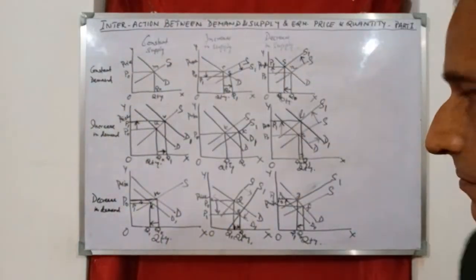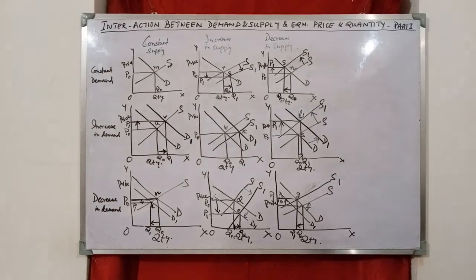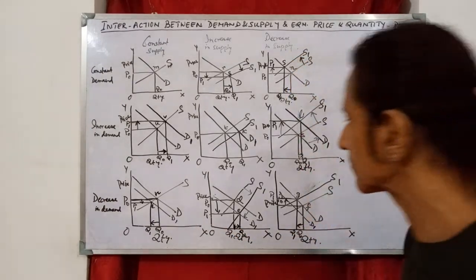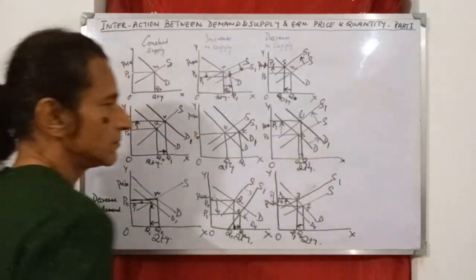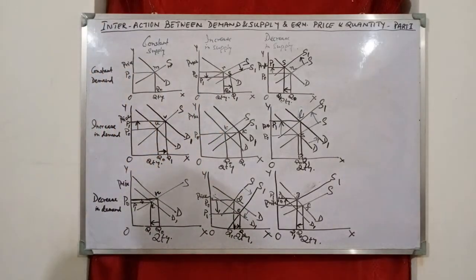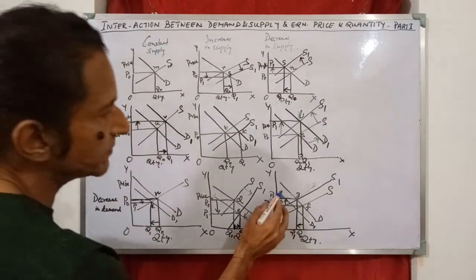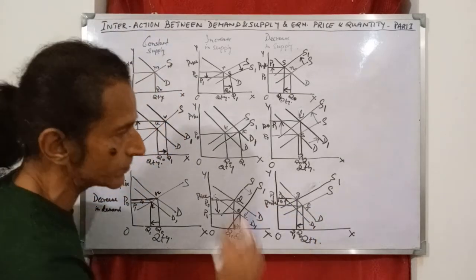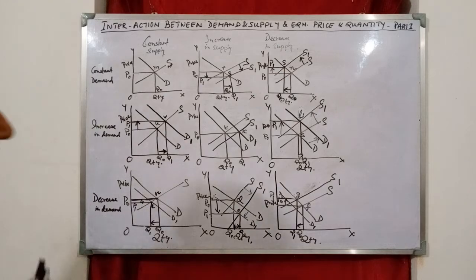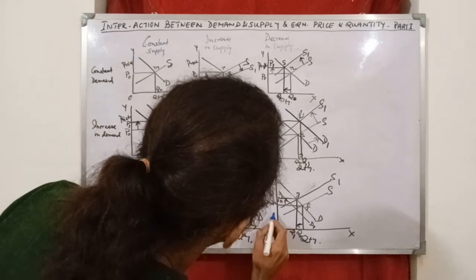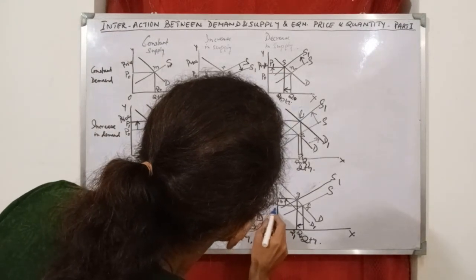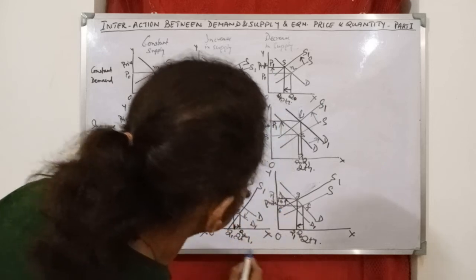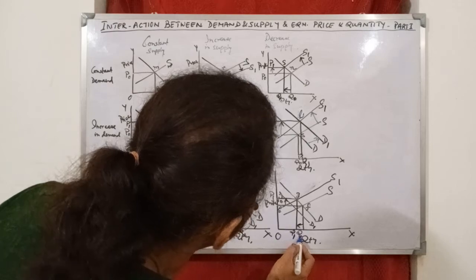And finally, here this is decrease in demand and decrease in supply. Demand and supply both are falling. Let D be the original demand curve and S be the original supply curve, and both intersect at point F. So P sub O is the original equilibrium price and Q sub O is the original equilibrium quantity.